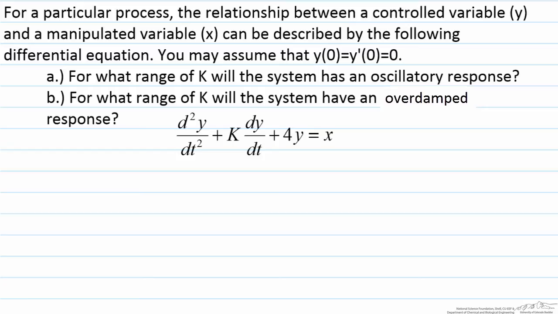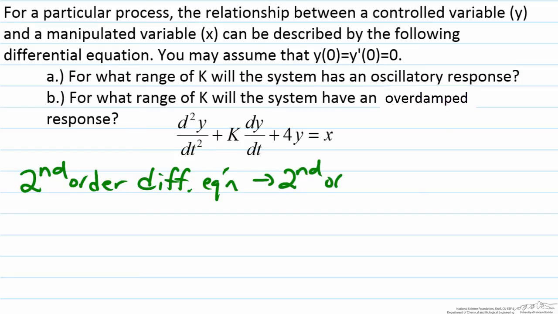The first thing we can look at here is that we have a second-order differential equation. So if we have a second-order differential equation, that means we have a second-order transfer function.